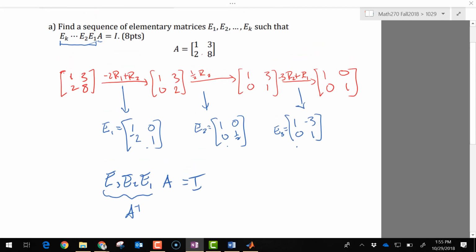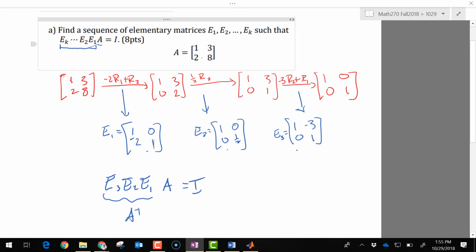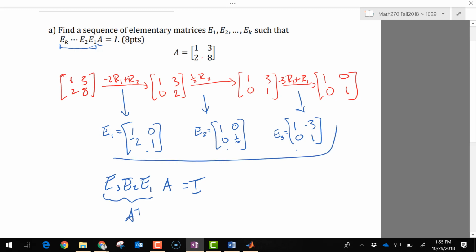Well, in this case, the instructions are to find the sequence of elementary matrices such that this is true. So for that, I think this is my answer for this problem. I might follow this up with saying use the elementary matrices to find the inverse, in which case you would do this multiplication, and then you would get the inverse.